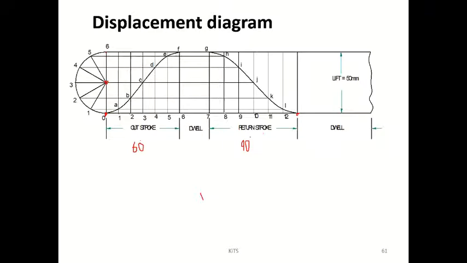That means 1.5 centimeter each. Everything you have to divide by 6. Number it 0, 1, 2, 3, 4, 5, 6, then 7, 8, 9, 10, 11, 12, and this is 13. Like this you have to number it.